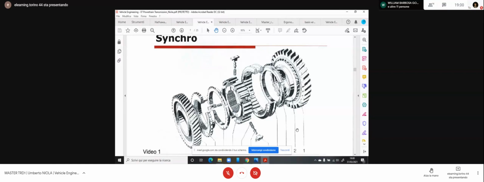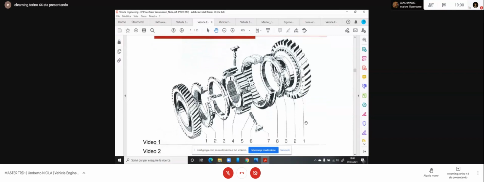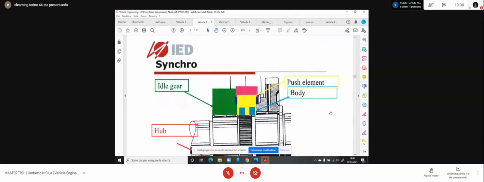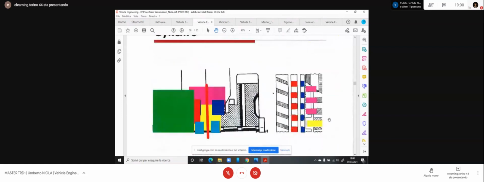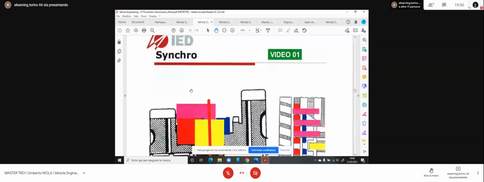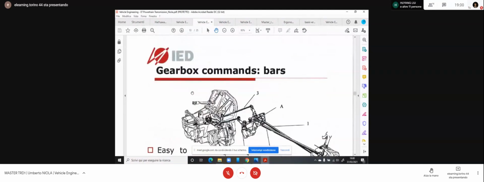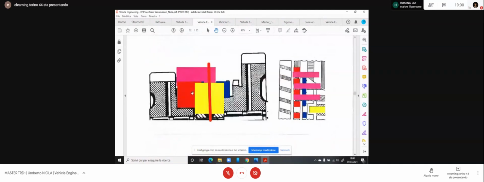Anyway, this was only to introduce to you the need for this kind of argument. By the way, in Italian, the name is doppietta for the use of non-synchronized gearbox. Okay, so no interesting things except for all the pictures demonstrating the different stages of the engagement.